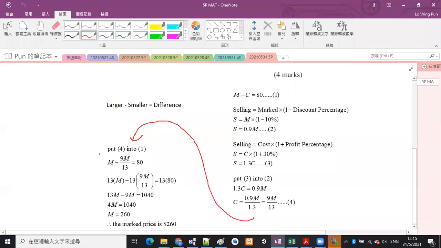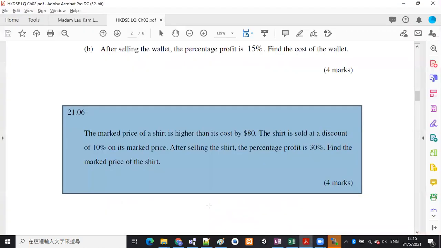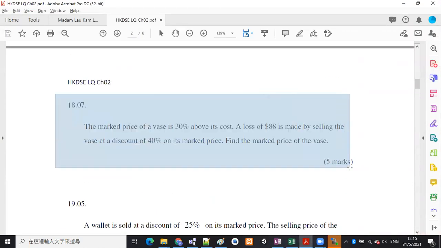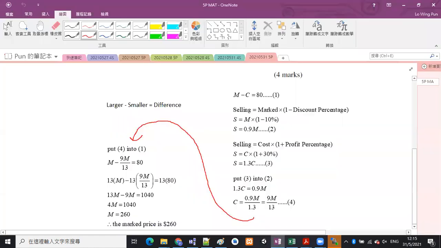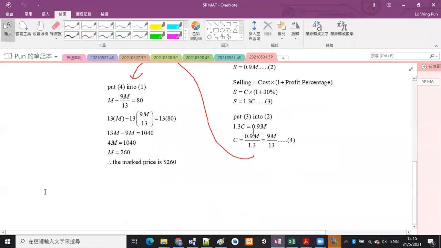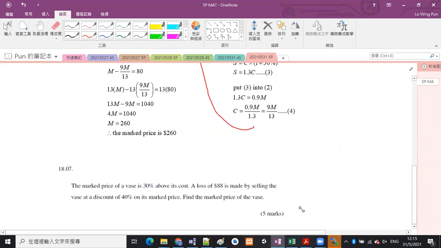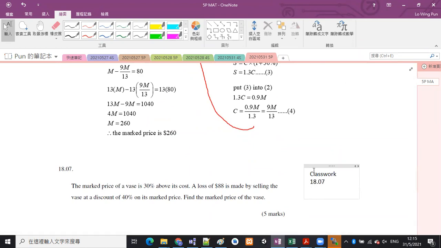Can you try to use 3 minutes to do 18.07? Please do 18.07 now.